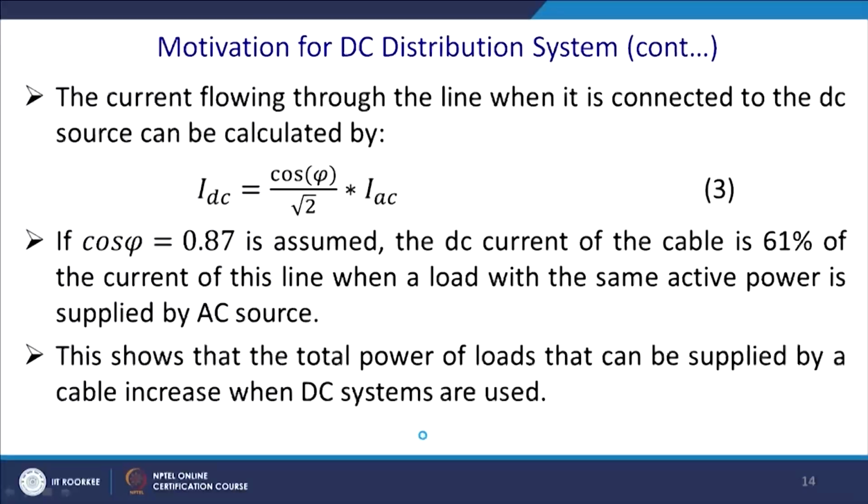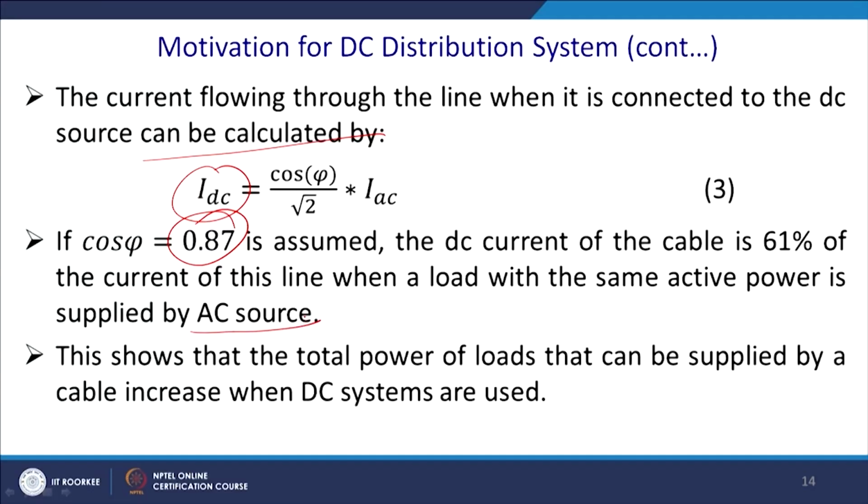The current flow through the line connected to the DC source can be calculated by cos phi by root 2 into IAC. If cos phi, let us assume something, 0.87 is assumed, the DC cable current is 60% of the current of this line when a load with the same active power is supplied by the AC source.